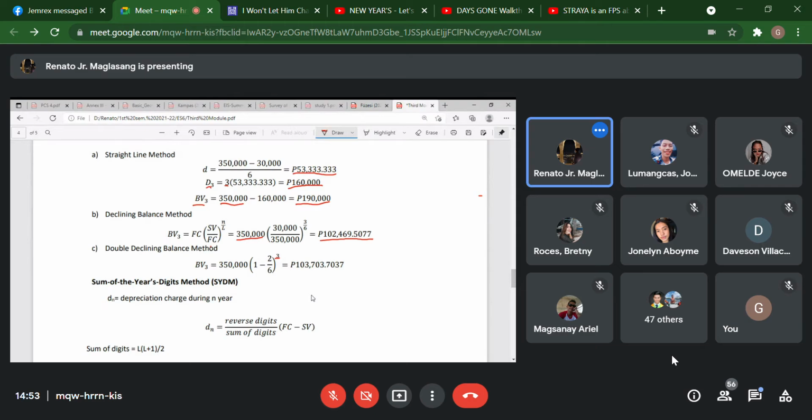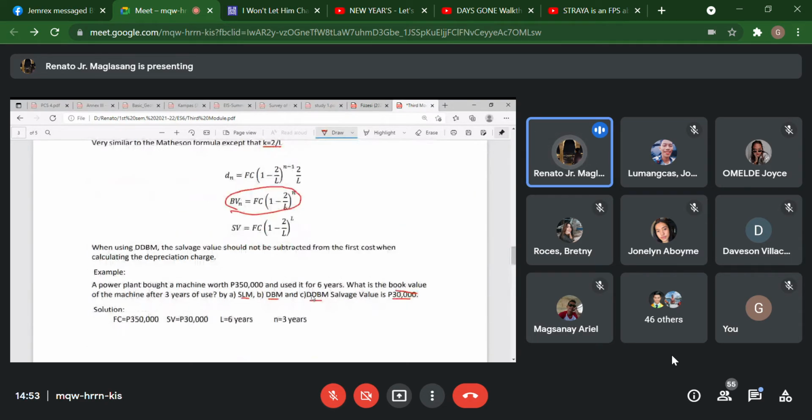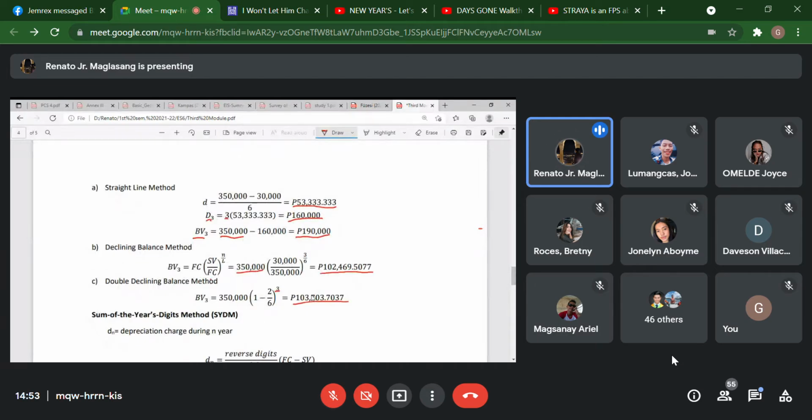So this is equal to 103,703.7037. So again, the double declining balance method and DBM are very similar. The value of k is the only difference.